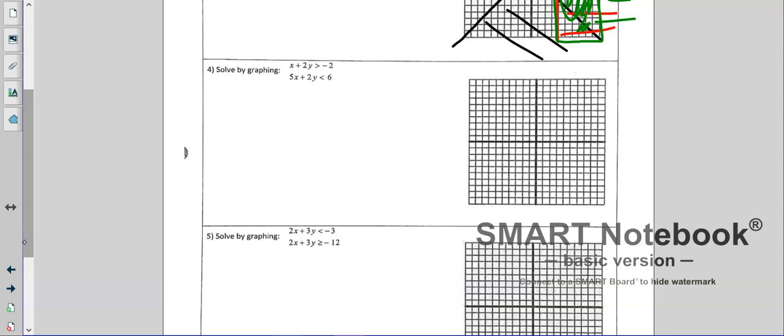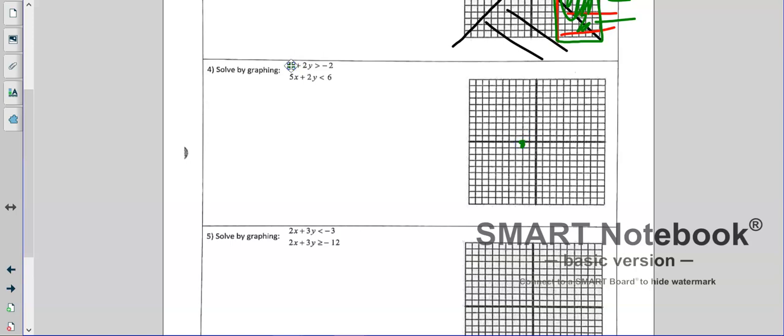All right. On this one, I'm going to solve by cover-up method on the first one. So x is -2. So that would be right here. Oops, sorry. I'm not coloring it, I'm just putting dots. X is -2 right there.